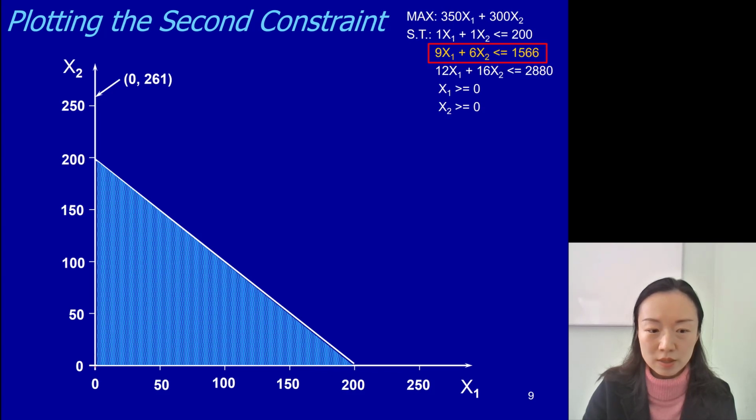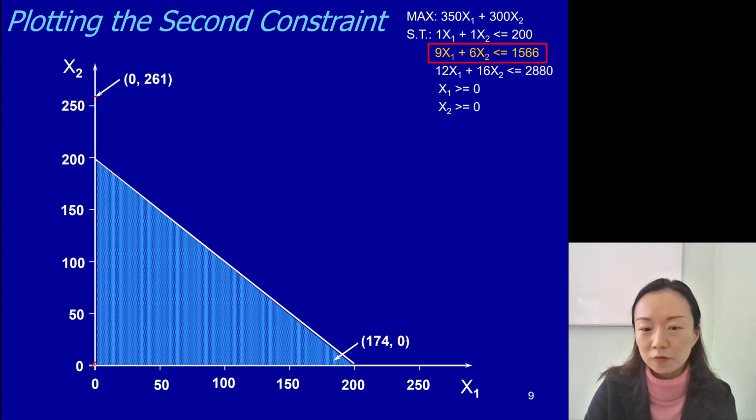So x1 is 0 here, and x2 is 261. That's the first point. Then we set x2 to be 0 and find out where the point is on the horizontal axis. If x2 is 0, then 9x1 equals 1566, so x1 equals 1566 divided by 9, which is 174.